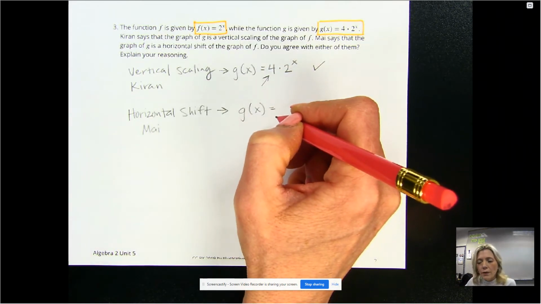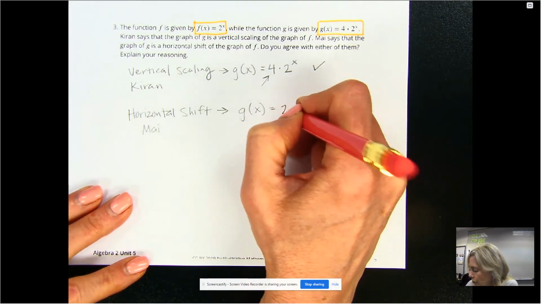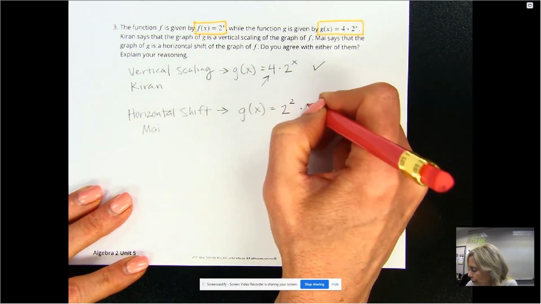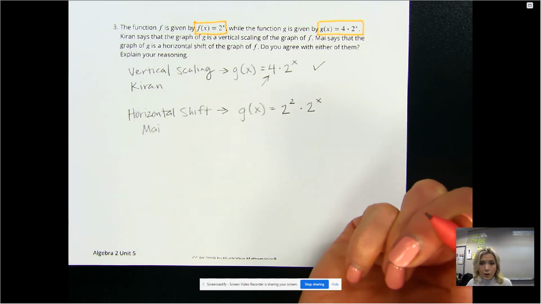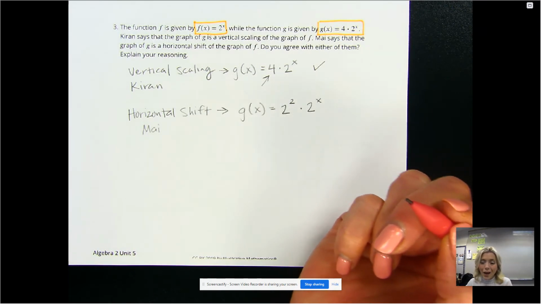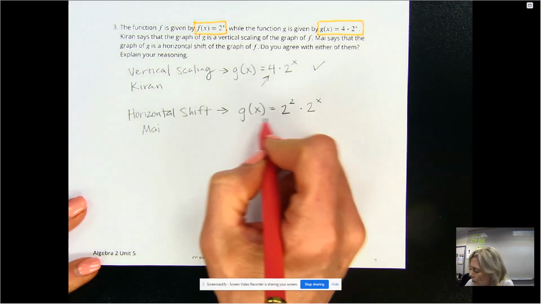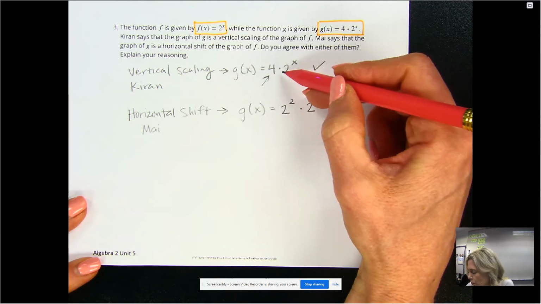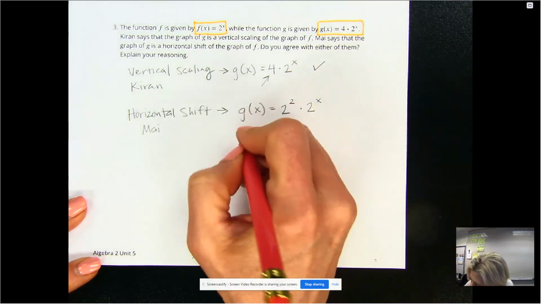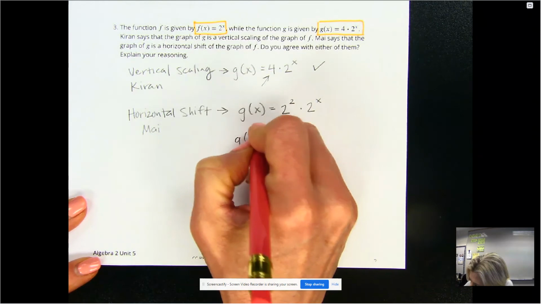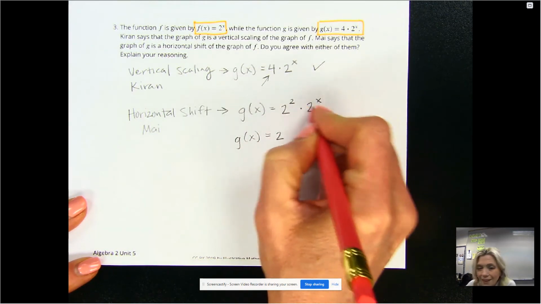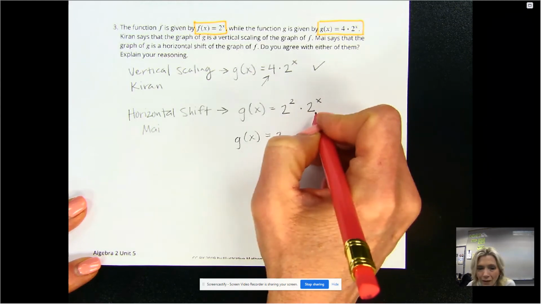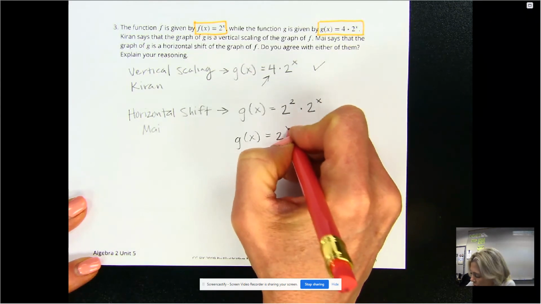So I could rewrite the 4 as 2 to the second times 2 to the x. And when you multiply together powers with the same base, you add their exponents. They have the same base of 2, and so I'm just going to add the exponents together. When you add 2 and x, you get x plus 2.